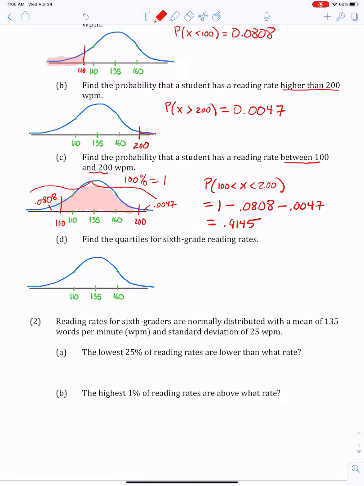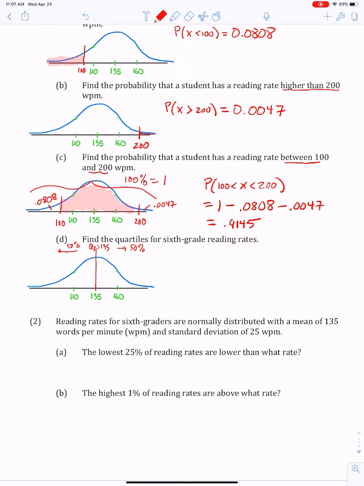Okay, so for the last problem, we're trying to find the quartiles for sixth grade reading rates. You remember the quartiles divide the data up into groups of 25% each. So if I put a line right down through the mean, that's going to be Q2, 135, because that splits it so 50% will be lower, and 50% will be higher, right? Okay, so then we have to find the first and the third quartiles.